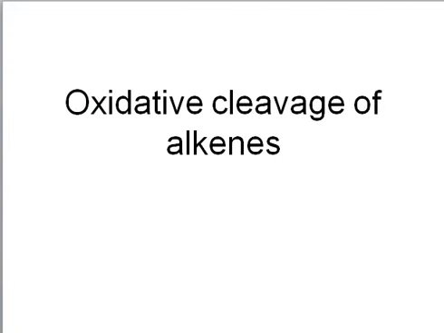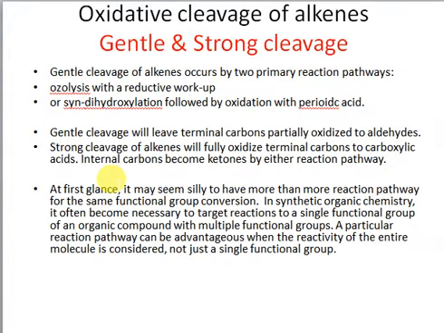So now we will consider the oxidative cleavage of alkenes. Oxidative cleavage of alkenes is generally classified into two groups: gentle cleavage or strong cleavage. Gentle cleavage means cleavage that takes place under milder conditions, and when we carry out gentle cleavage, we always yield aldehydes or ketones.